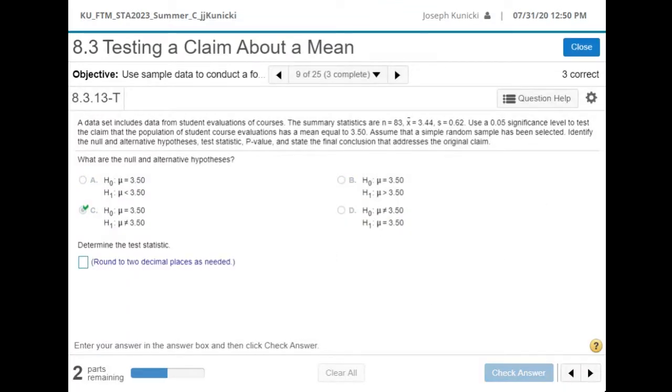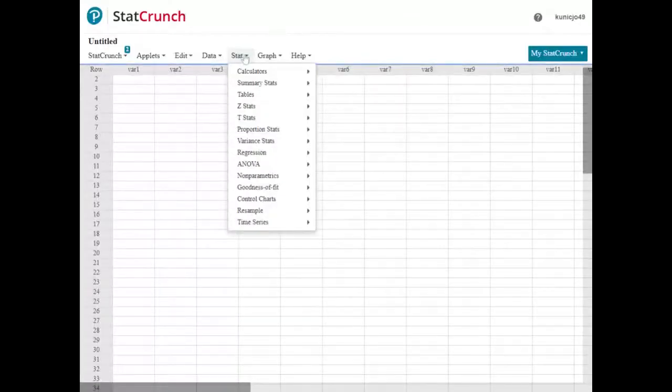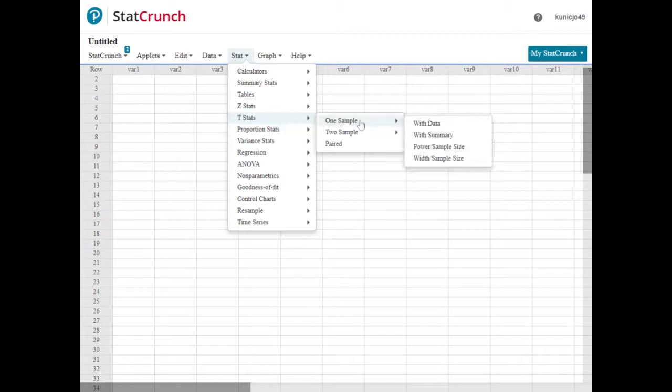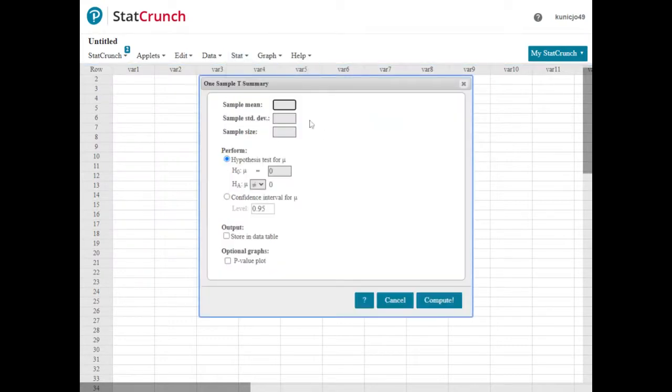Determine the test statistic. So now I'm going to go to StatCrunch. I think I copied down all the relevant. All right. So when I get to StatCrunch, I go to Stat, then T-stat because I don't know sigma. So it's one sample and it's summary. I don't have data, so I use summary.